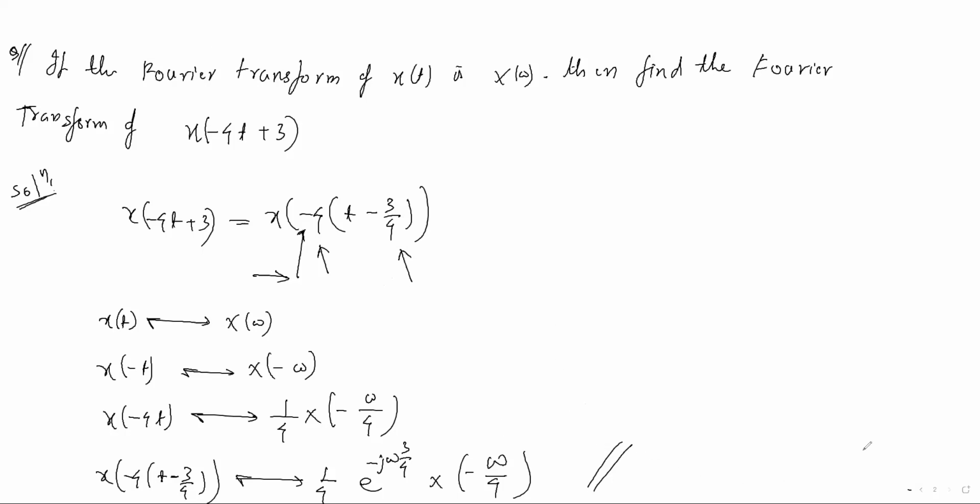So then come to the next property, that is the differentiation property. The fifth property is differentiation, differentiation in time domain.